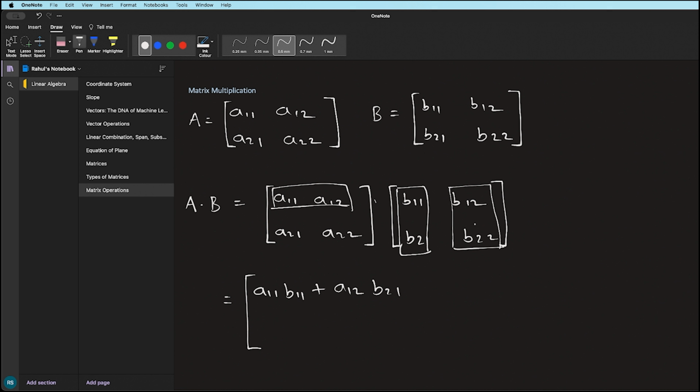So I will multiply the elements in the first row of matrix A with the elements in the second column of the matrix B, and I will do the sum of that, same as I have done for the first row of matrix A and the first column of matrix B. So I can write it as A11 B12 plus A12 times B22.